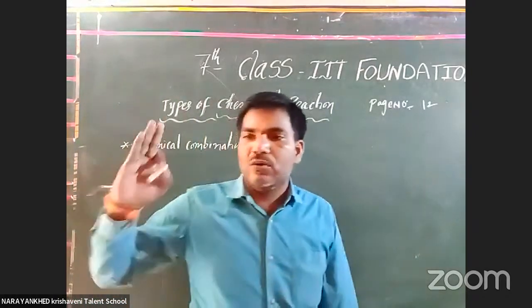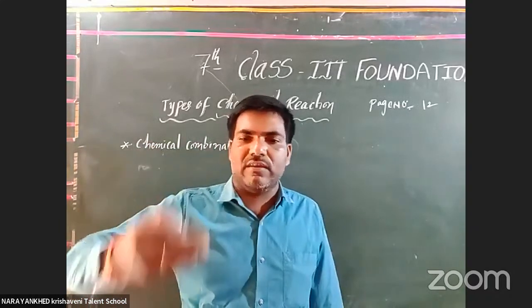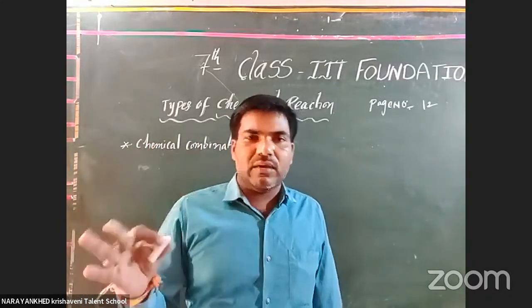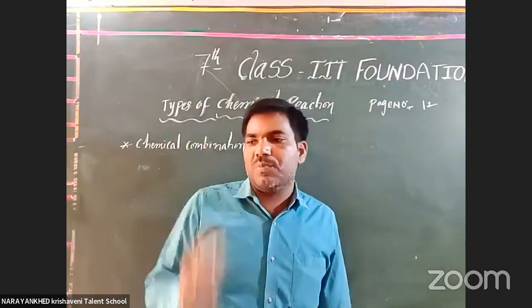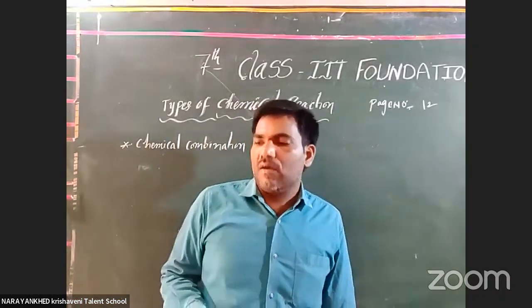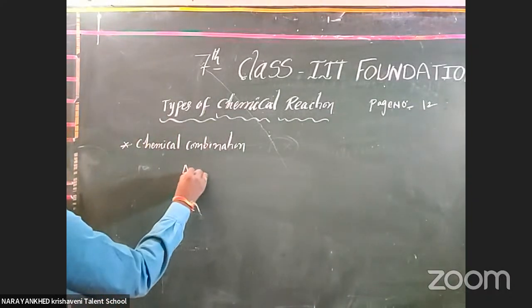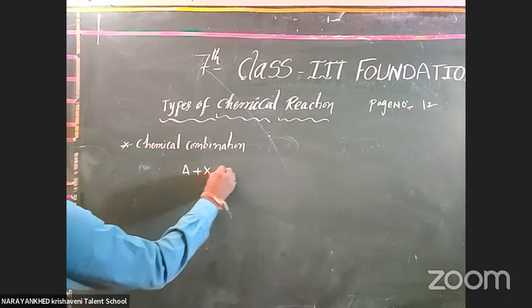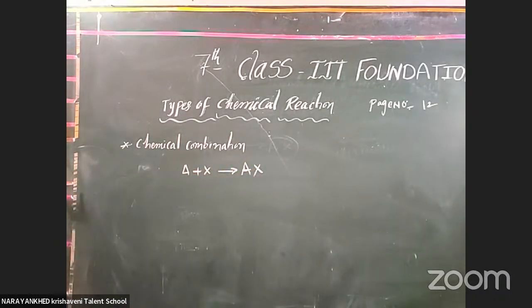When two substances or two elements or two chemicals are involved with one another and undergo a chemical change, they form one new substance. That is called a chemical combination. Now the general form of it is A plus X gives rise to what? AX. Understood all of you?